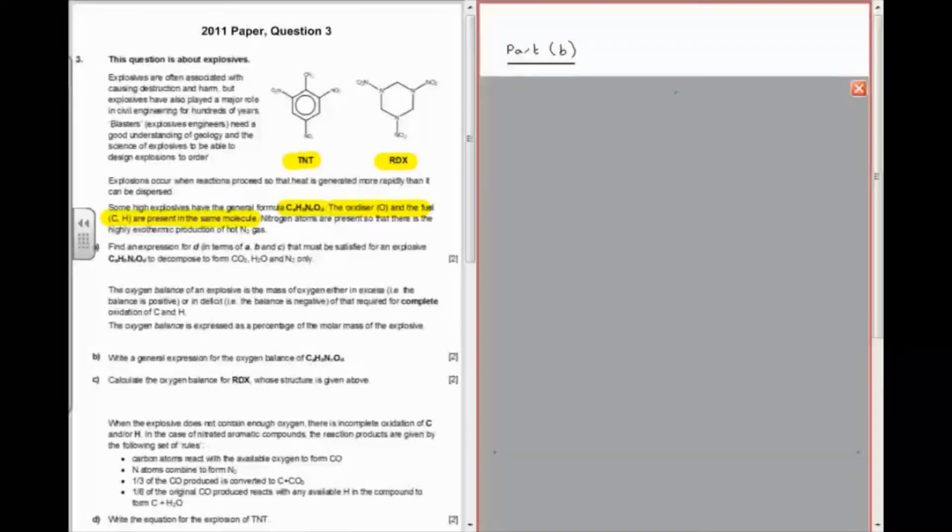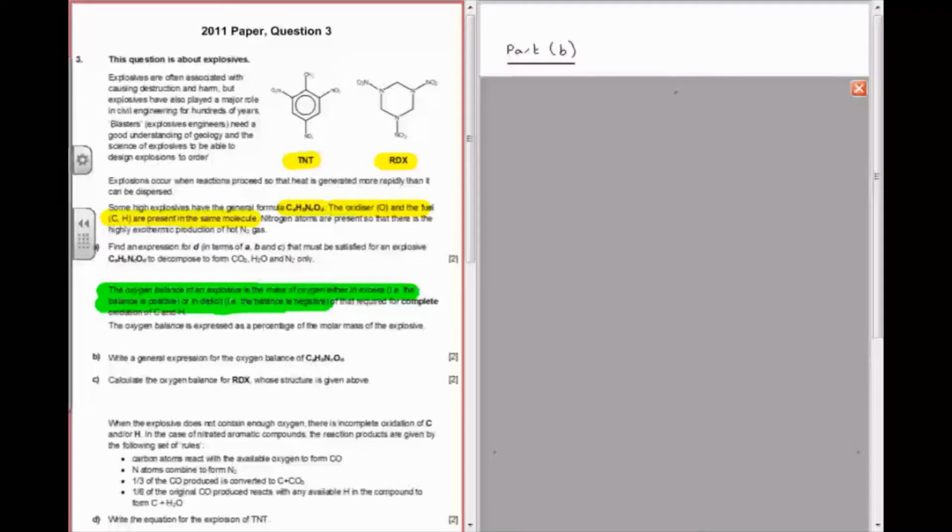The question now moves on to explain the meaning of the term oxygen balance of an explosive and how it can be calculated. The oxygen balance of an explosive is the mass of oxygen which can either be in excess or in deficit of that required for the complete oxidation of carbon and hydrogen, i.e. it tells us how much oxygen is present in the molecule compared to the amount needed for the complete combustion of all the fuel in the molecule.